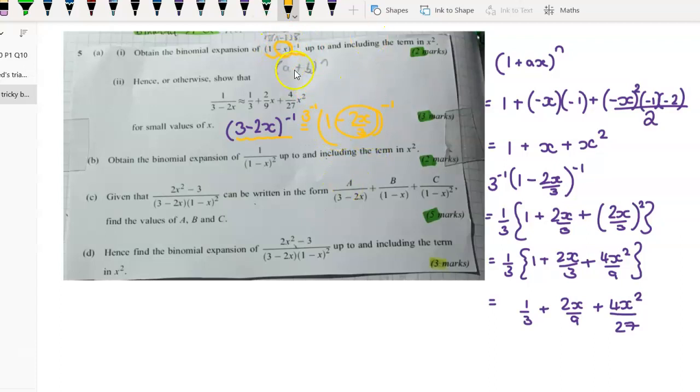Okay, so your signs are the same, which is why you can just replace the x's here with 2x over 3. Okay, if you're not sure about that, ask.